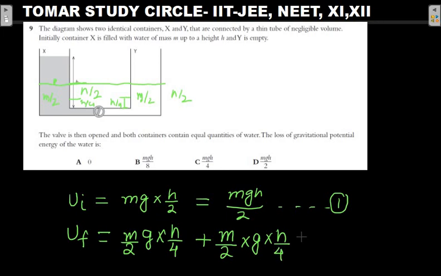If we solve this expression, the final energy becomes mgh upon 4. This is equation 2.